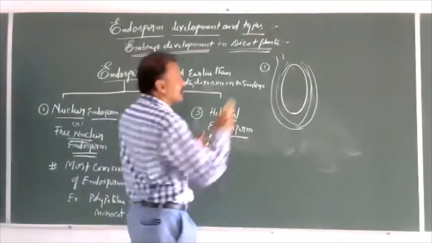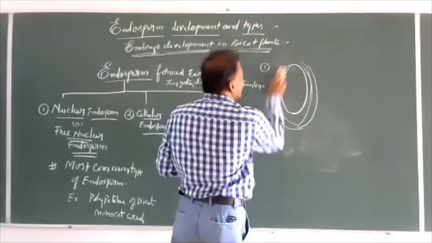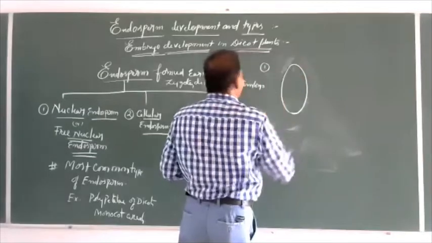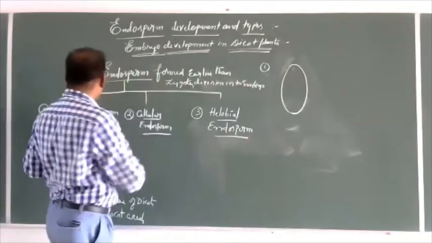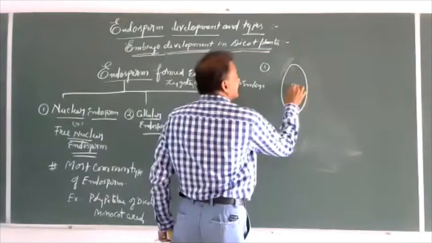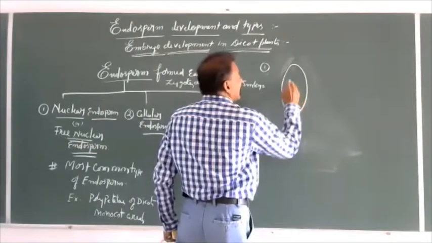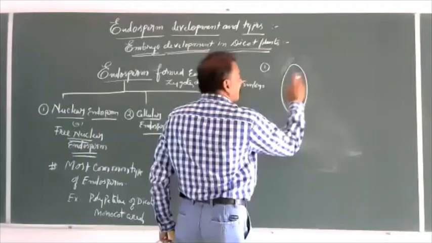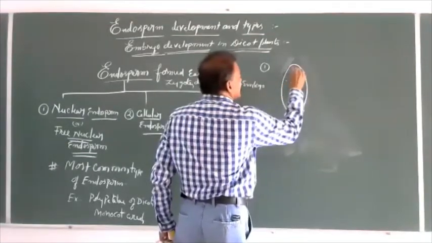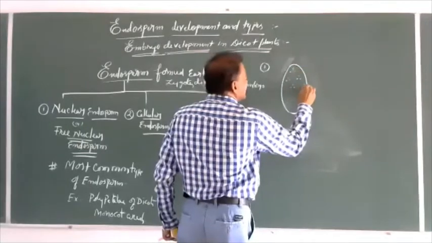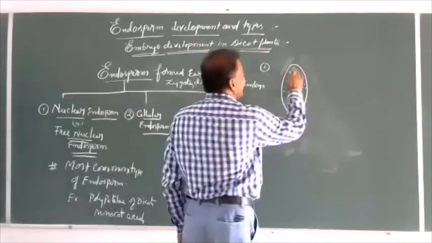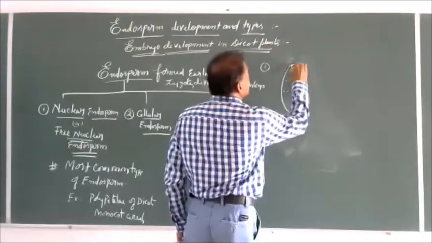Here, within the nuclear endosperm or free nuclear endosperm, first of all, this endosperm cell undergoes division to form various number of nuclei within the cytoplasm. And here our developing zygote is there.